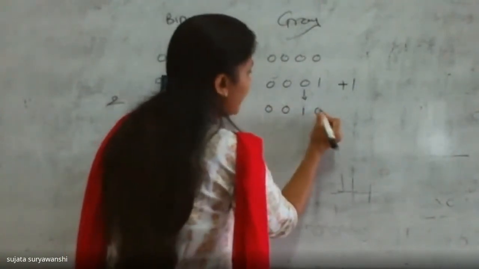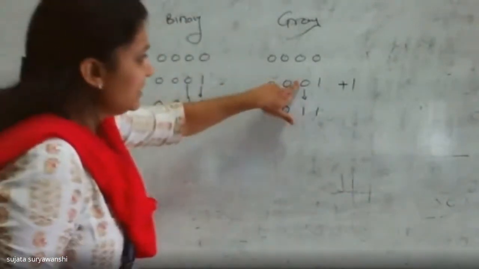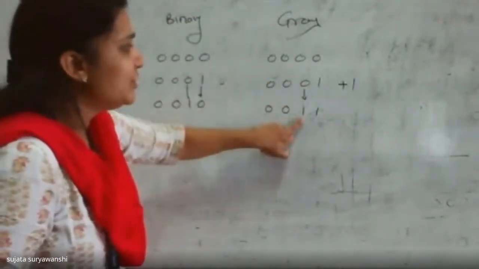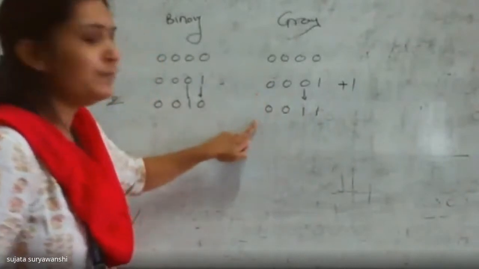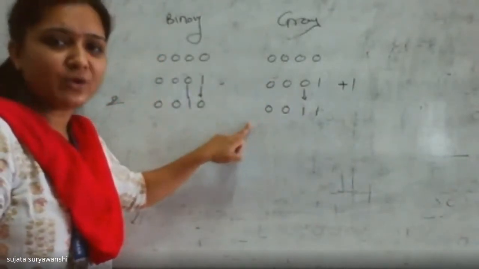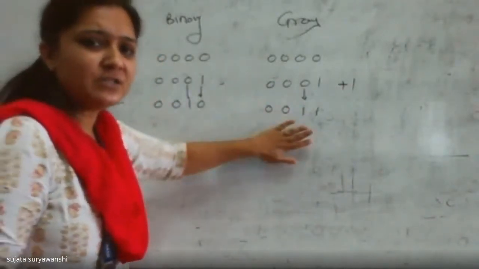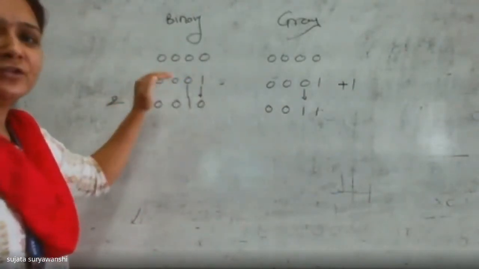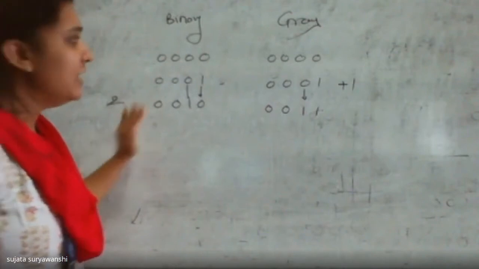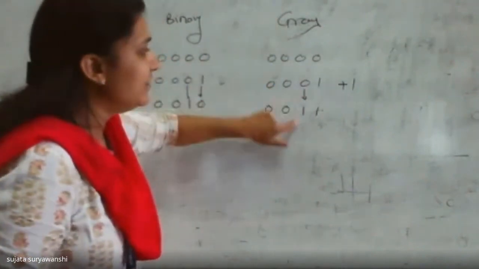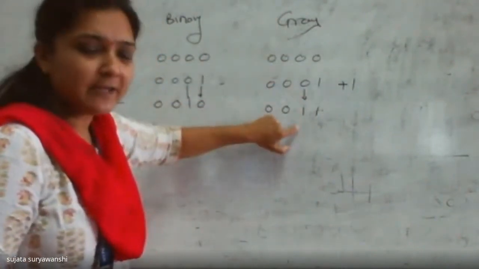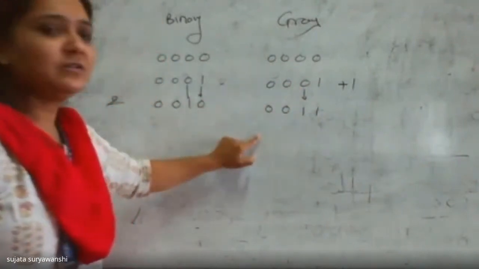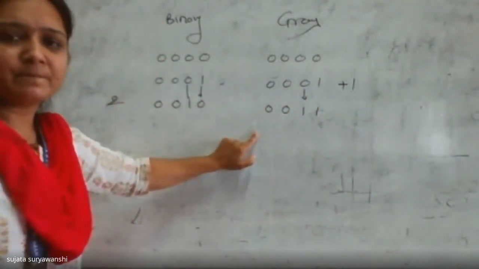Means only this bit will change from 0 to 1. Remaining bits should be same in case of gray code. Okay, but this is not valid in case of binary. Total 2 bits are altered when you change from 1 to 2. But in case of gray, only 1 bit will alter at a time. Remaining 3 bits should be same.